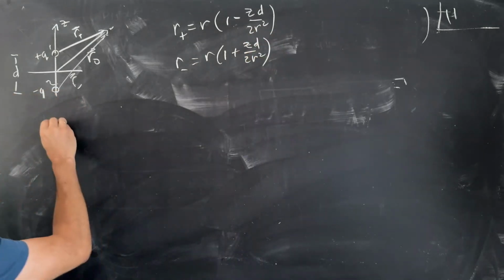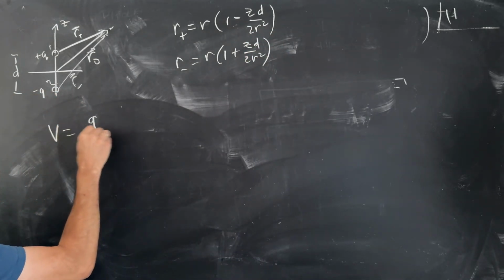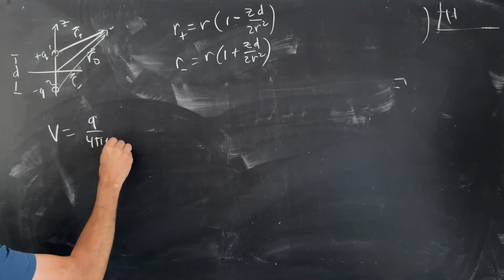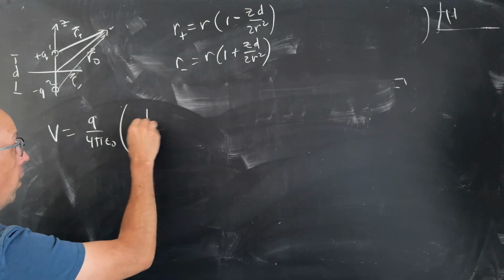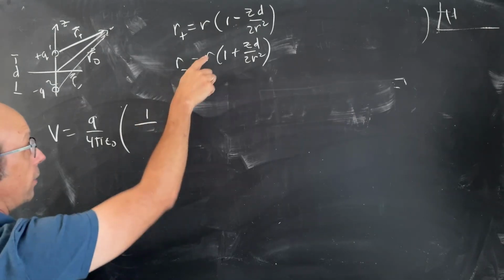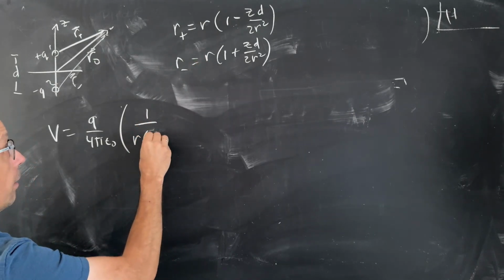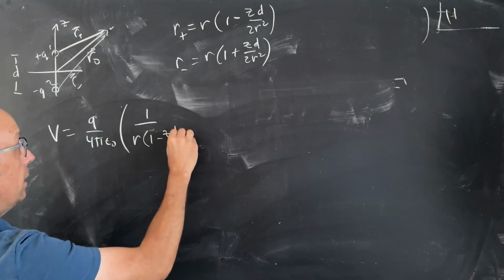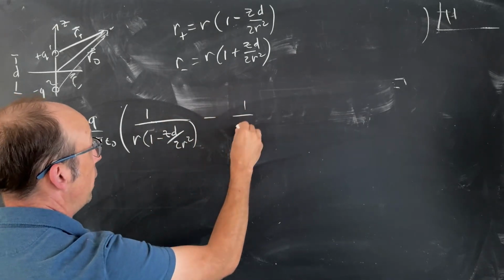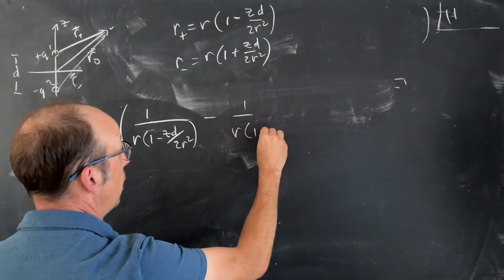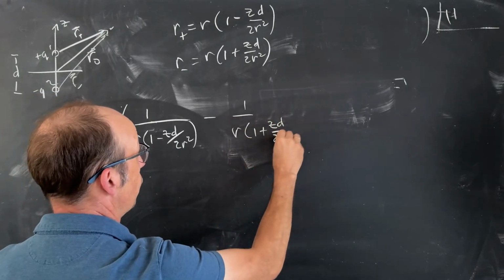So now let's put this in. V is q over 4 pi epsilon naught, and then I have 1 over r plus, so I have 1 over r times 1 minus zd over 2r squared, minus 1 over r times 1 plus zd over 2r squared.